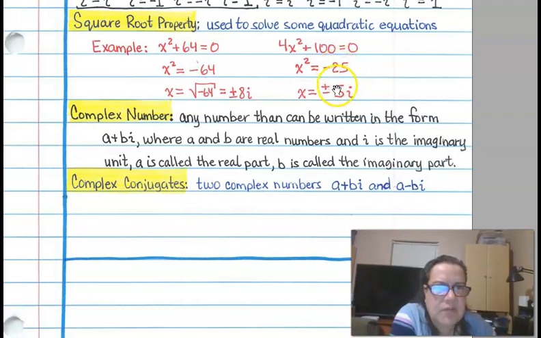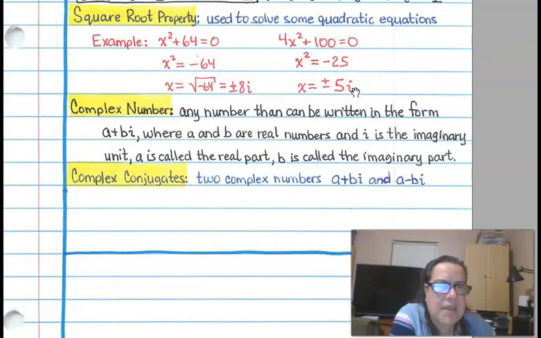So the square root of 25 is 5 or negative 5. And I left over the negative 1 in here because this is like negative 1 times 25. The square root of the negative 1, i. So anytime you have taking the square root of a negative number, just think of bringing down the i.